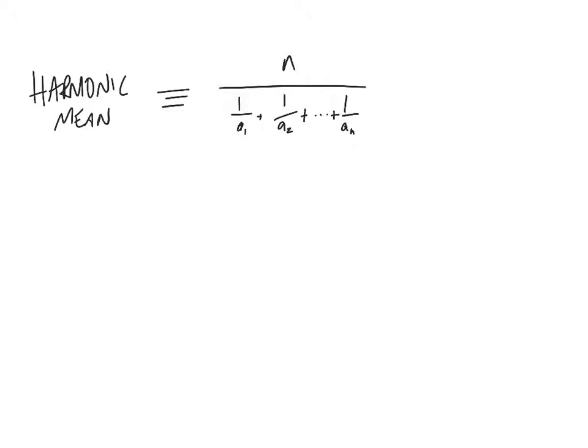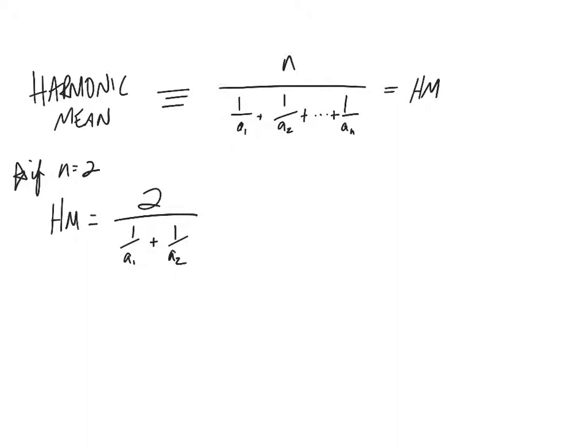All right? And so this harmonic mean, if we wanted to just do HM here, for just two numbers, the harmonic mean would be 2 over 1 over A1 plus 1 over A2. Okay, so if n equals 2, what would the harmonic mean be?